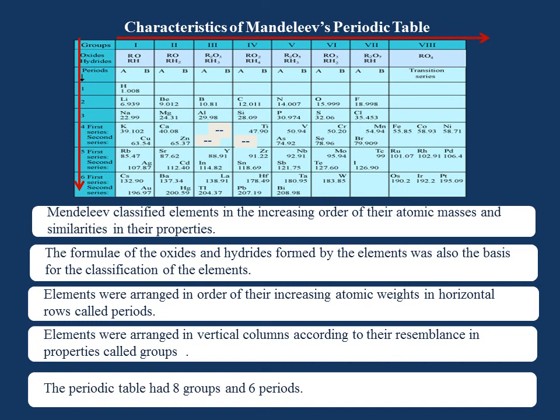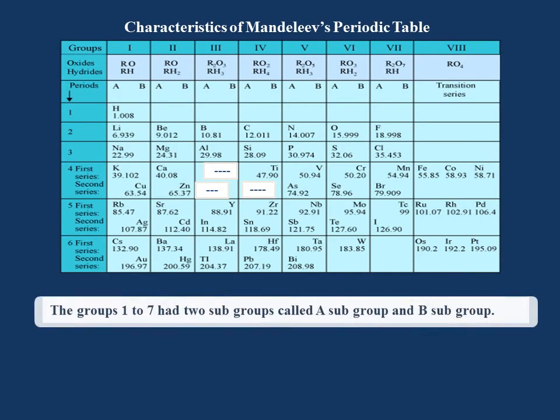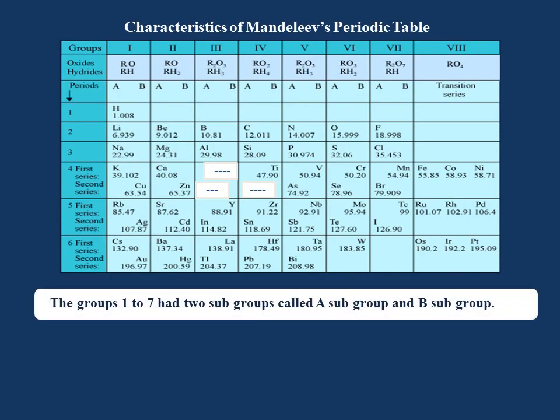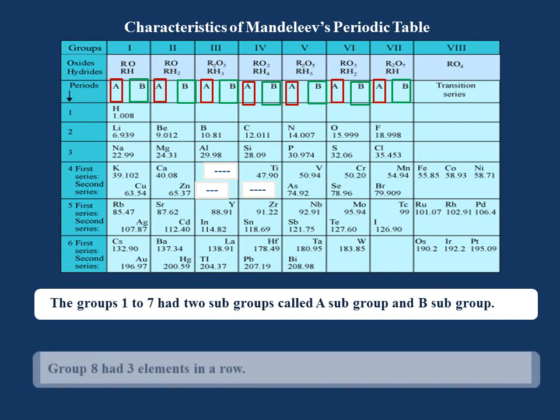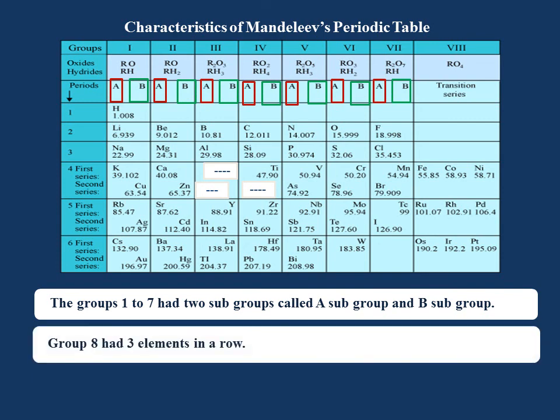The 4th, 5th and 6th periods contain 2 series. Groups 1 to 7 had 2 subgroups called A subgroups and B subgroups. Group 8 has 3 elements in a row.